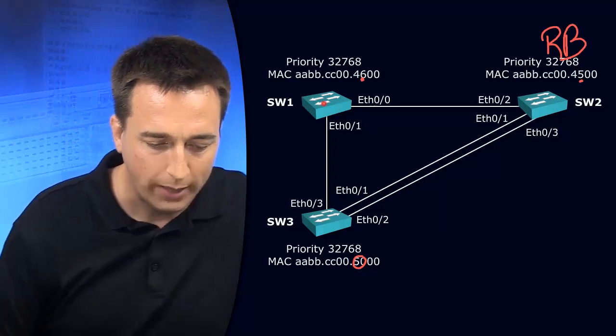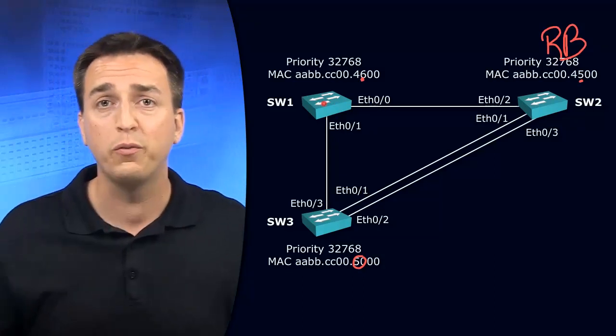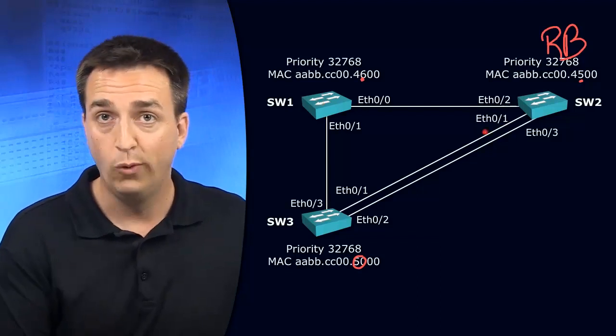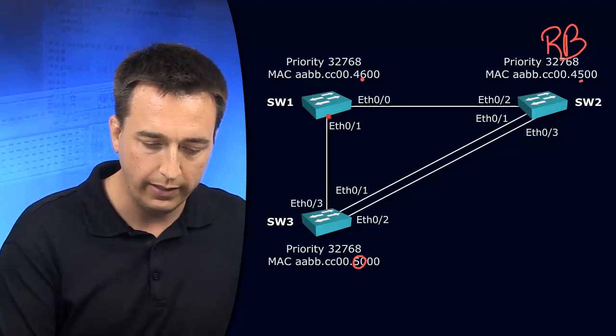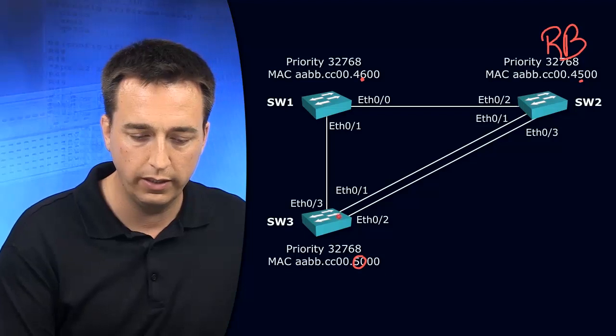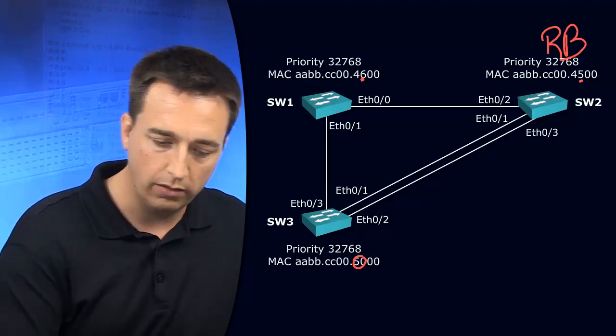So let's go to switch 1. Switch 1. Is Ethernet 0/0 or Ethernet 0/1 the root port? Well, if I go this way, cost of 1 or 100, however you want to think about it in your head right now, and this way is double that. So it'd be 100 plus 100 is 200. So we're definitely going to use Ethernet 0/0 as our root port.